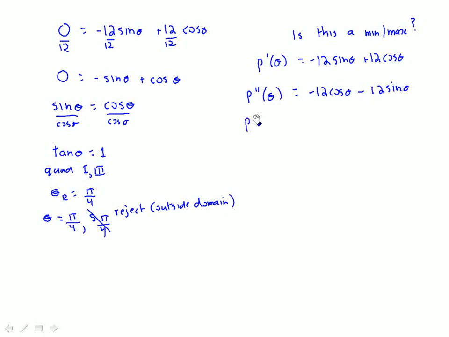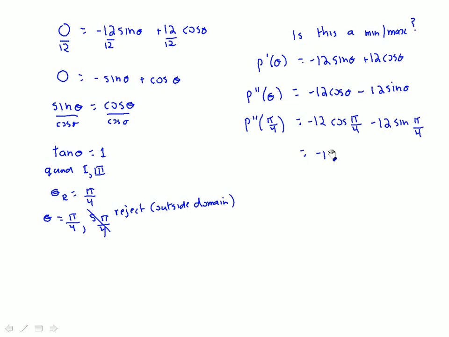So when we take the second derivative at pi over 4, we will get negative 12 times the cosine of pi over 4 minus 12 times the sine of pi over 4.